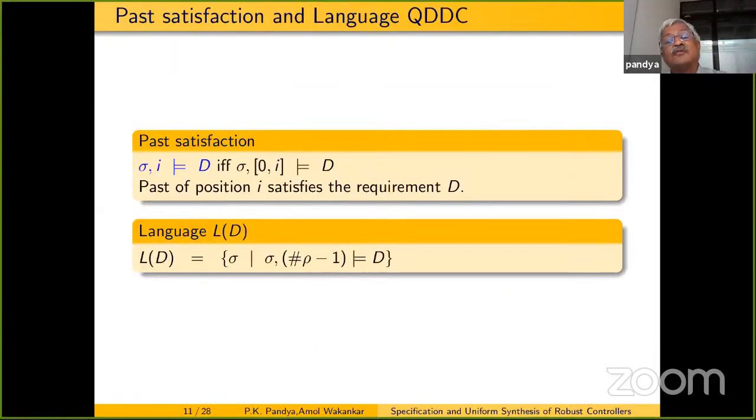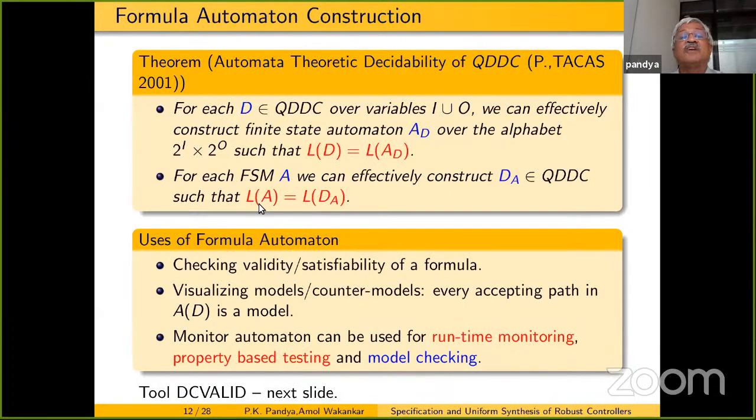Now, of course, what kind of languages can we define using formulas of logic? Here is the theorem. We can only state regular properties, and exactly the regular properties, in our logic. So for every formula of our logic QDDC, we can effectively construct a finite state automaton with the same language.